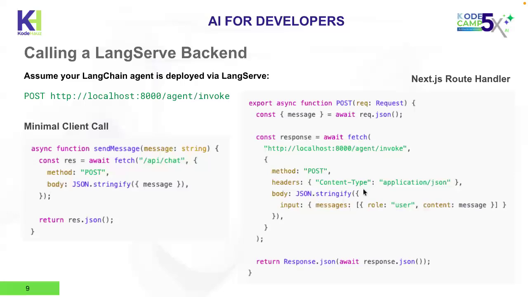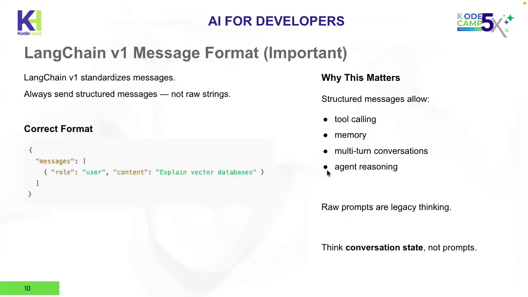So it helps with maintaining backward compatibility and being able to quickly make changes and updates. Okay, the other thing is LangChain has this message format. So it's good to understand the format and structure of whatever you're sending to the backend, following this format.